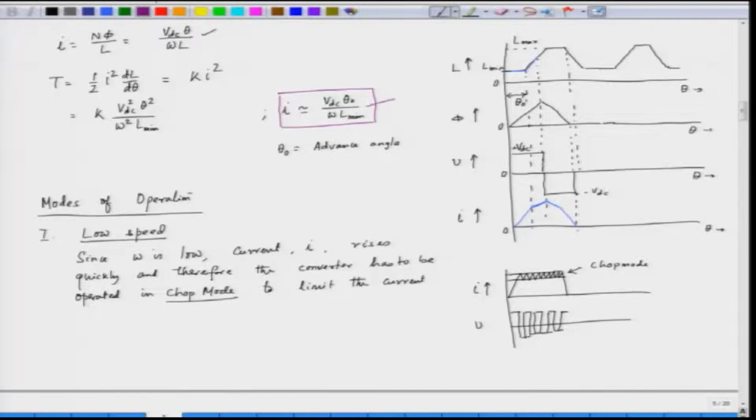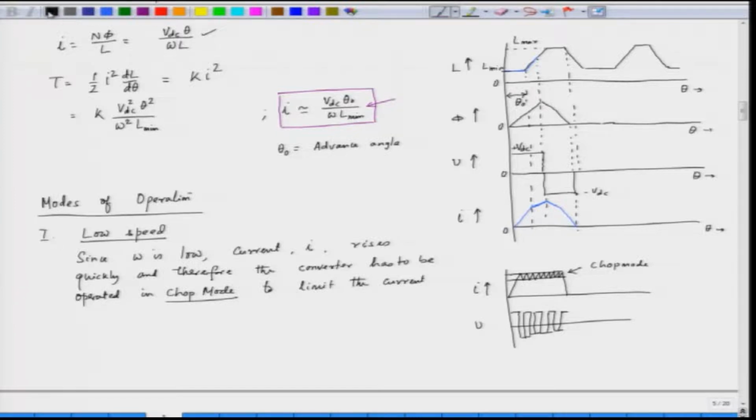And when the speed increases, if you see this equation, the current no longer increases quite fast, because speed is becoming higher and higher. So, if the speed increases higher and higher, to keep the current constant, we have to increase the advance angle.